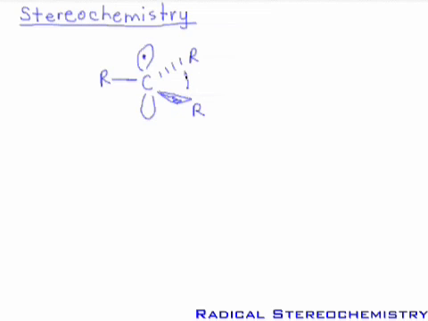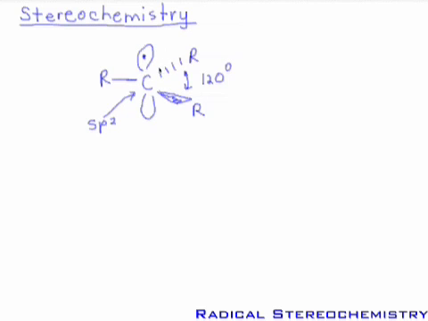And what we have here is bond angles of 120 degrees and carbon's sp². Okay, so carbon is sp². And the radical is in a 2p orbital. So this is my 2p orbital. Well, we've seen this kind of shape in carbocations.